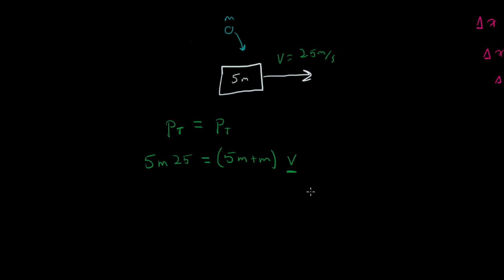We want to solve for v. Now, both of these have m in it. I'm just going to cancel those out, and we're going to end up with 6m. So we're going to have 5 times 25 equals 6v. I divide both sides by 6, and I get 5 times 25 divided by 6. And I end up with a final velocity of 20.8 meters per second.